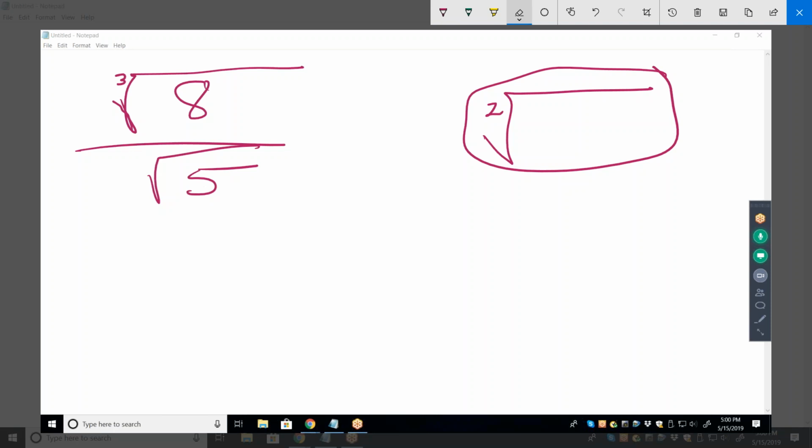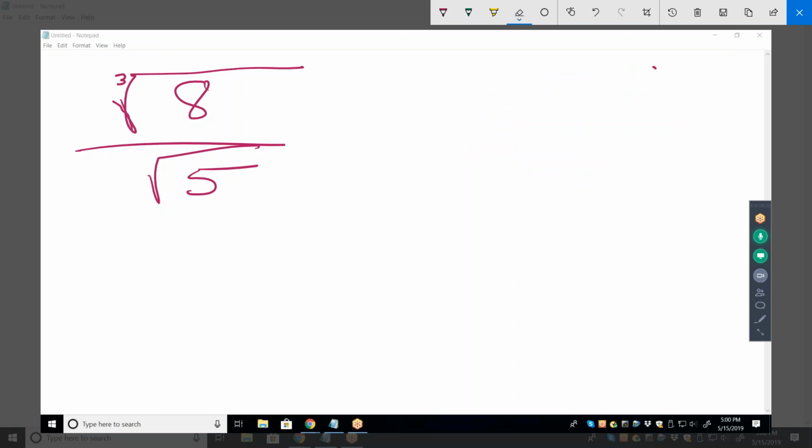Now, the bottom is just the square root of 5? Yes. Okay, what's the top? The cube root of 8. What's that equal to? 2. What's wrong with this answer? It's not simplified. Well, it's simplified, but it's got an irrational denominator.